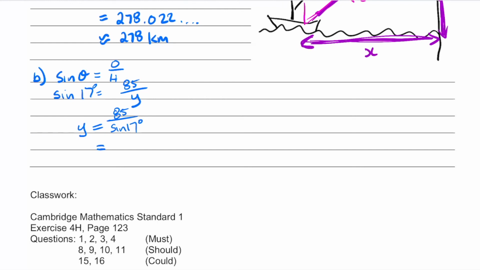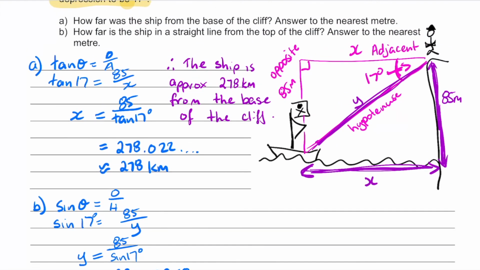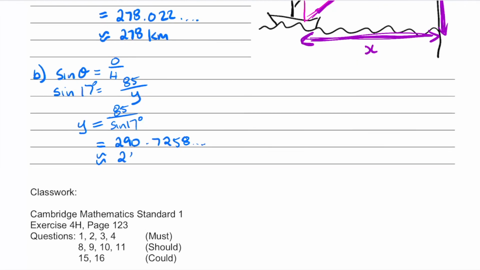That's going to get us, when we plug that into the calculator, 290.7258..., which gives us an approximate answer to the nearest meter again of 291 kilometers.